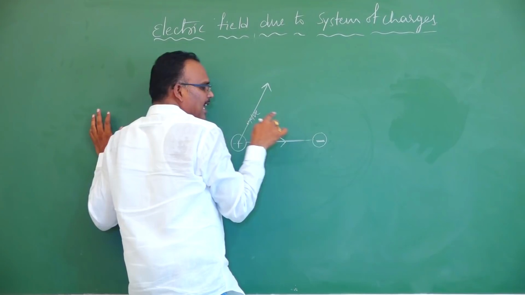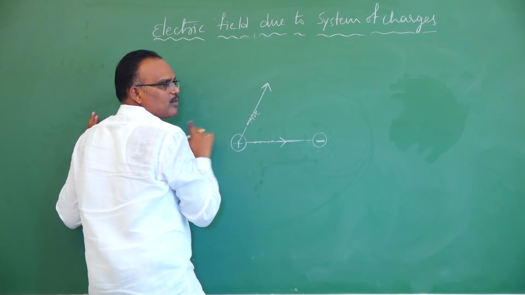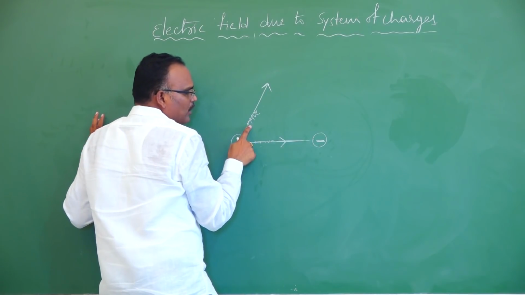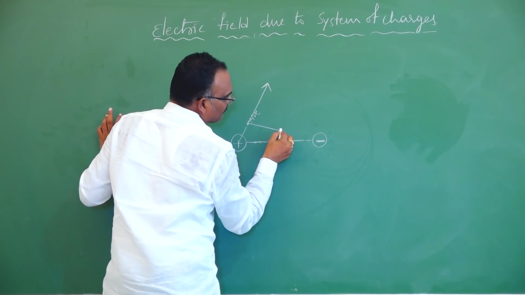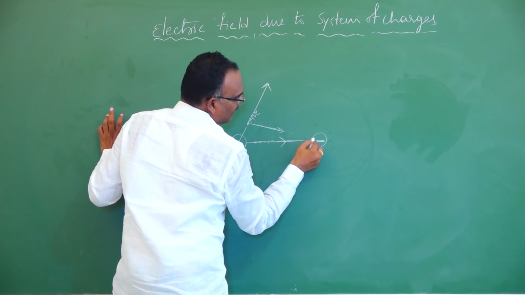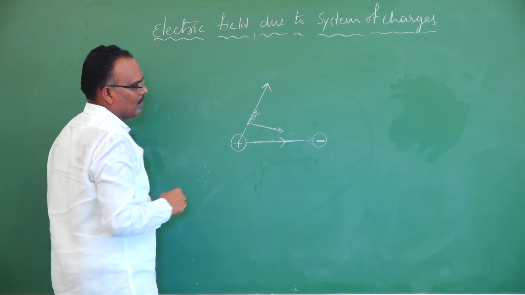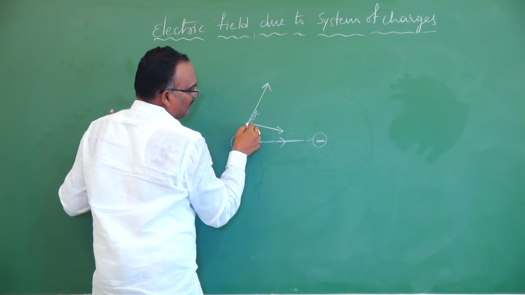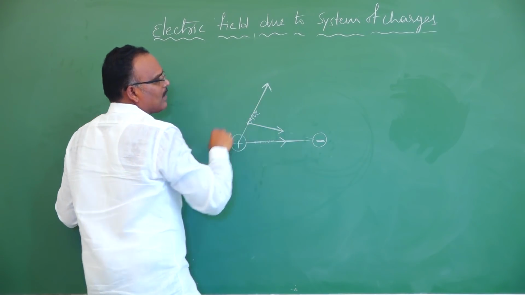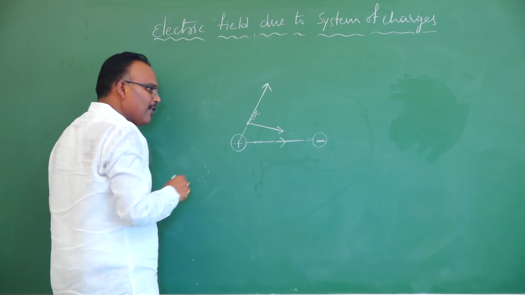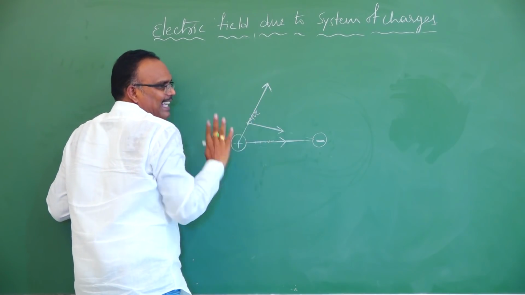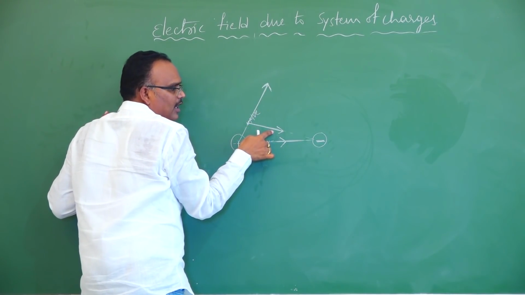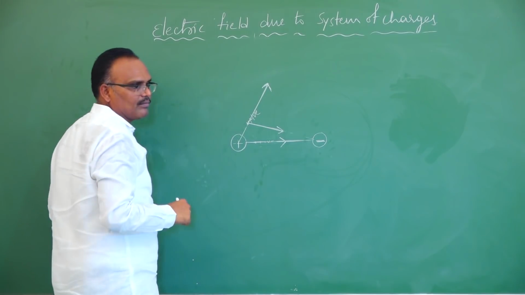Its influence also will lie on this unit positive charge. The influence of this negative charge on this positive charge is attraction, in this direction. The influence of positive charge will be in this direction. Whenever two forces are acting, the body neither goes in this direction nor in this direction. It will move in the resultant direction.